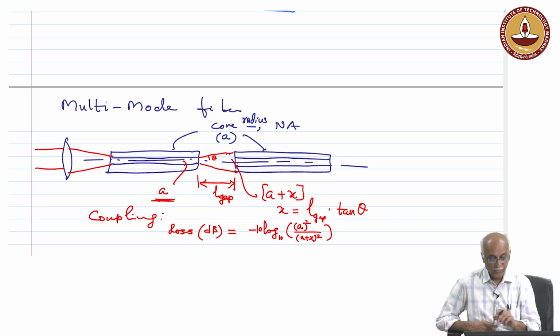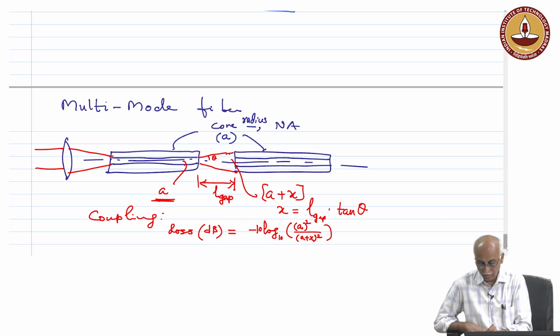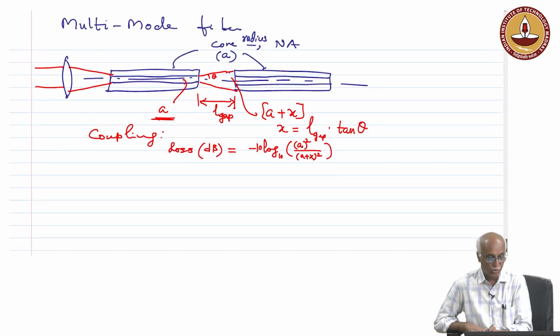Is it okay? Because the intensity of the beam, or the power which is getting coupled, will depend upon the total area which is getting coupled. So we expect it to be a, but the beam size increases, and hence the loss comes into the picture. So this also you should understand.